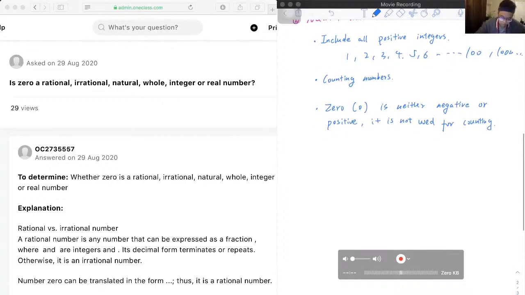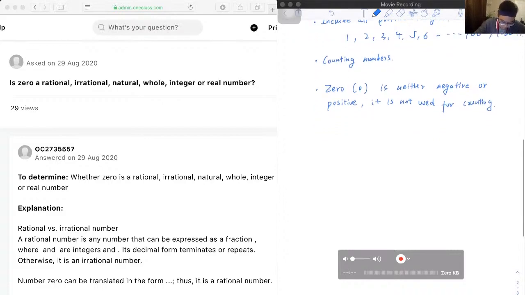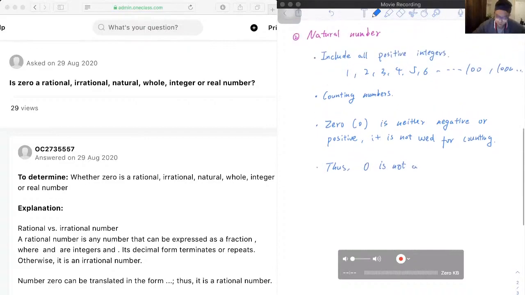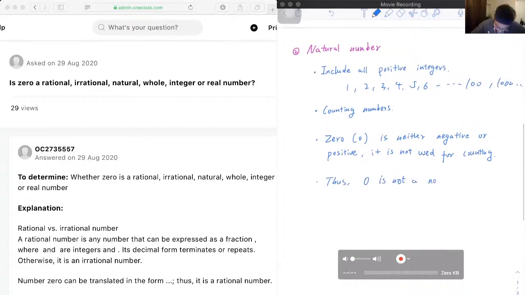Therefore, we can write our conclusion. Thus, 0 is not a natural number.